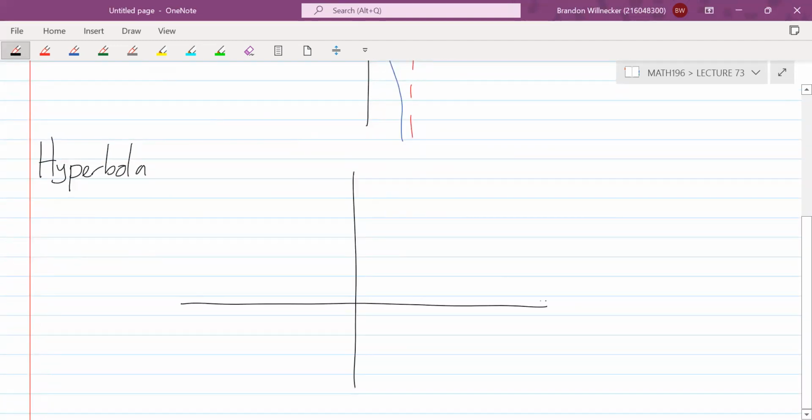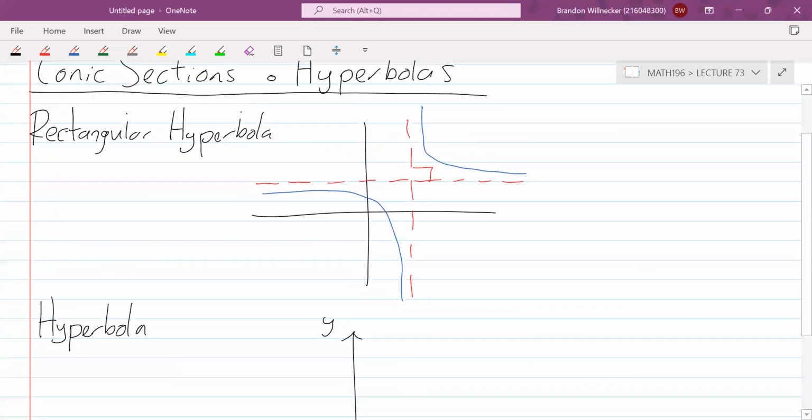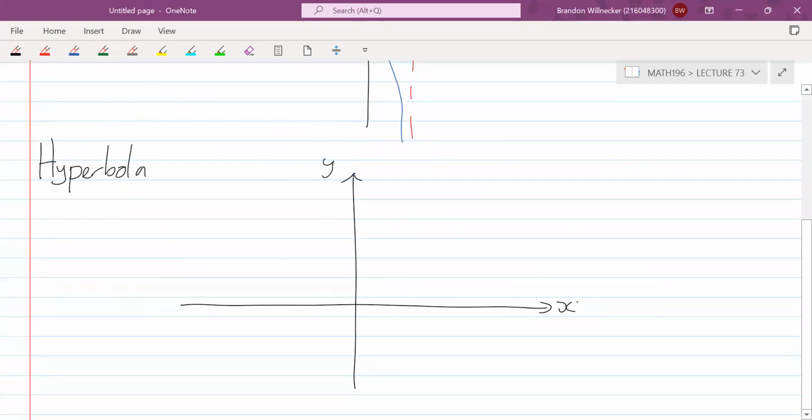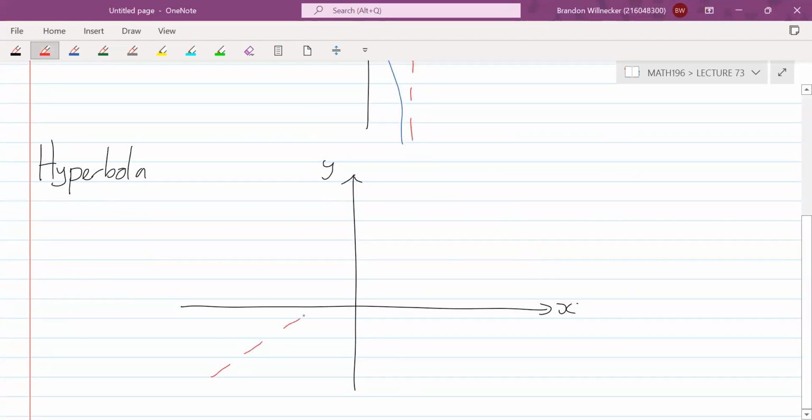Okay, we've got our axes x and y. Now these two asymptotes can be at different angles. So we might have an asymptote like this, and an asymptote like this. And then the hyperbola is going to be between them as before.